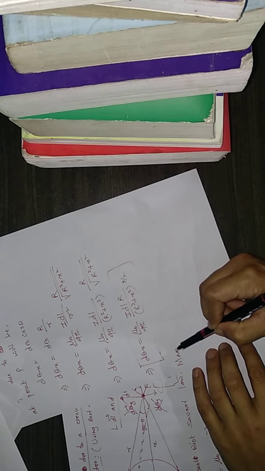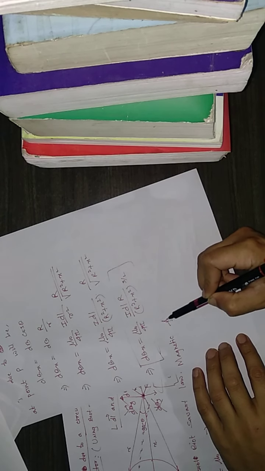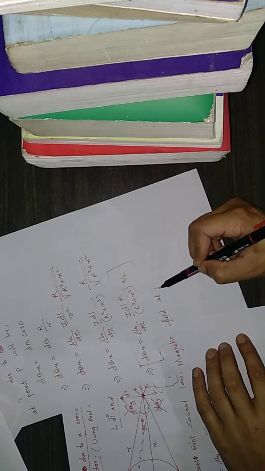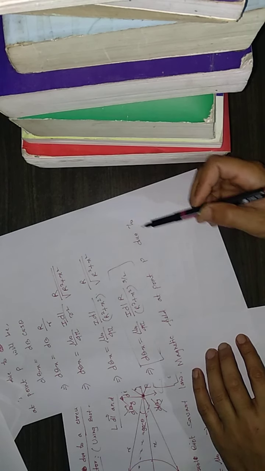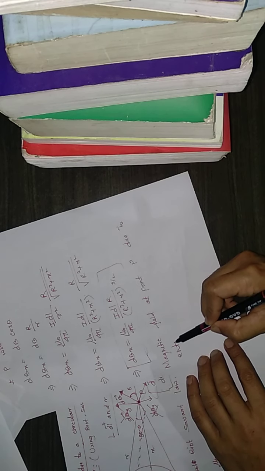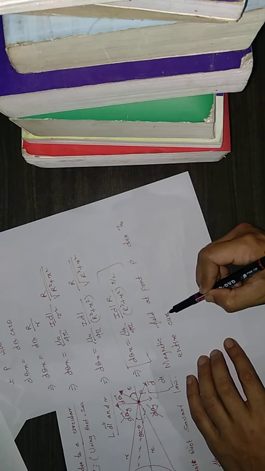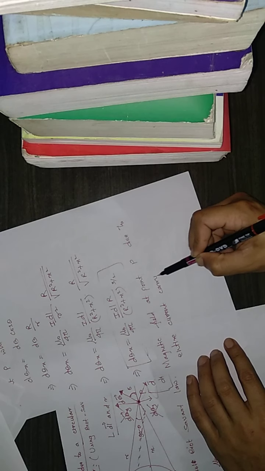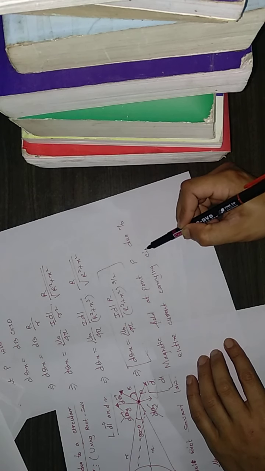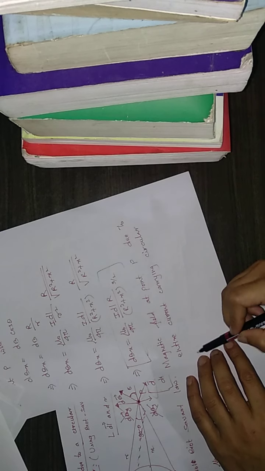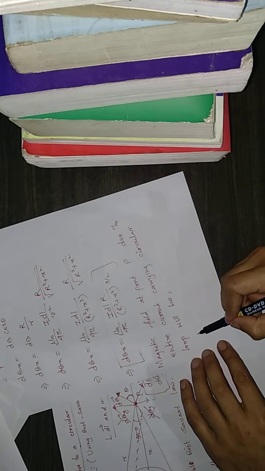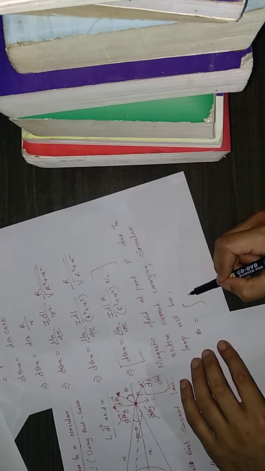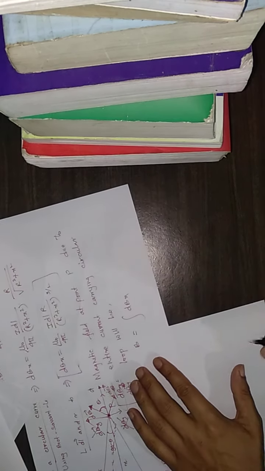Now the magnetic field at point P due to the entire current carrying circular loop will be the closed integration over dBx.